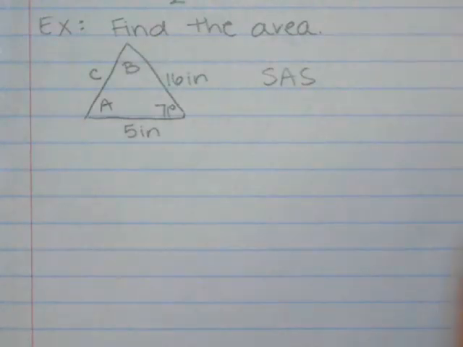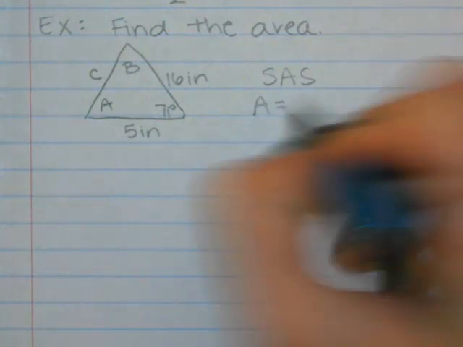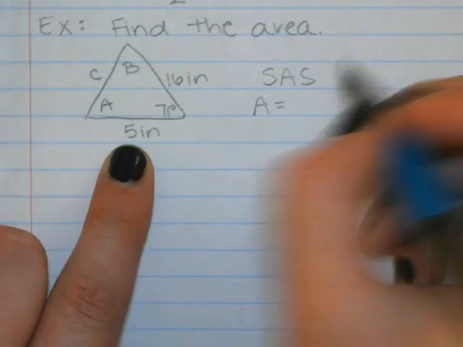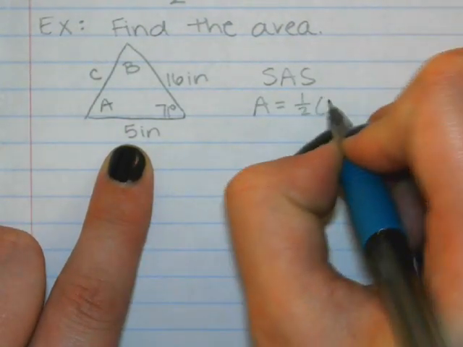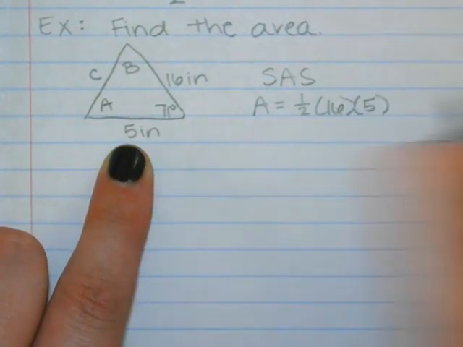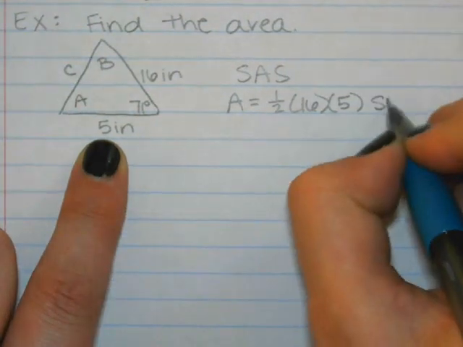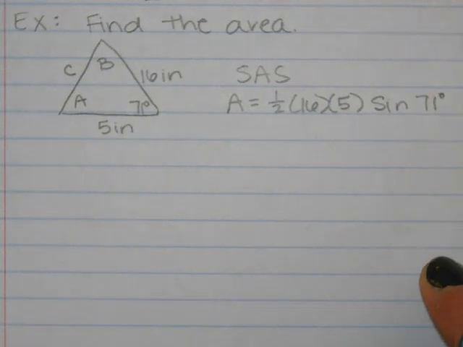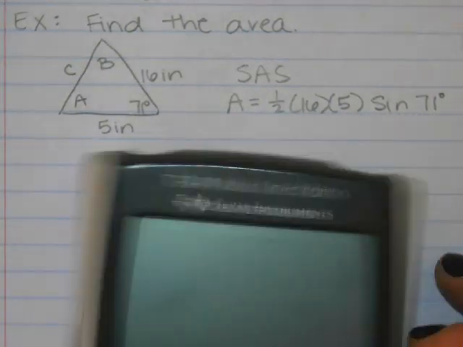So that means that for us to find the area, we're going to do 1/2 times the two sides, 16 times 5 times sine of the angle between them. We just plug it straight in. So if they give you side, angle, side, it's a pretty nice, easy problem.